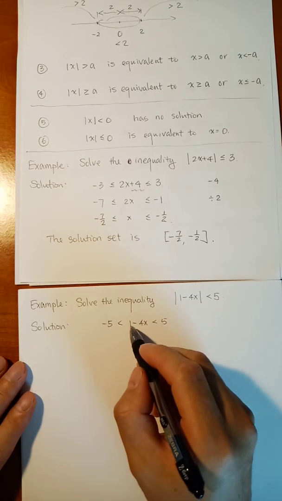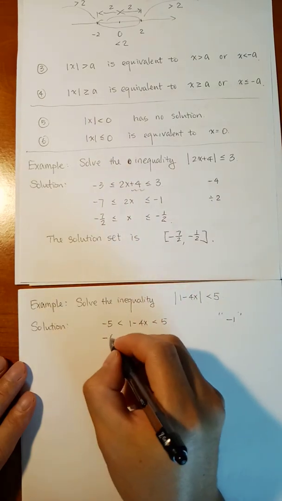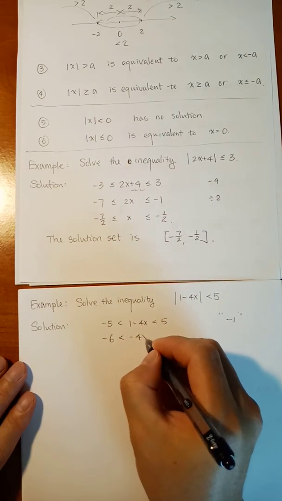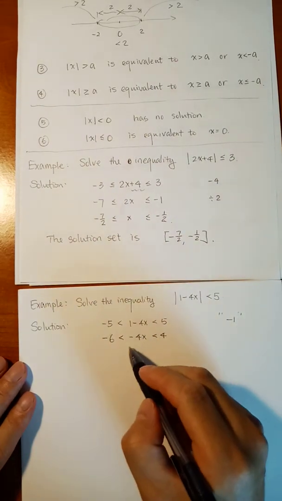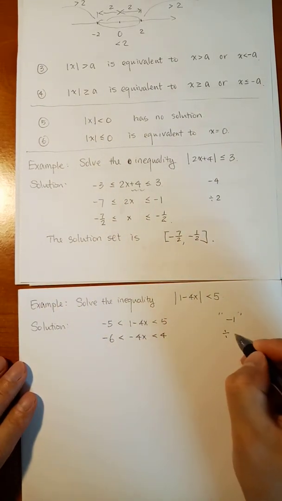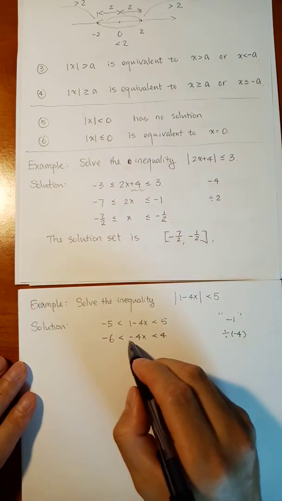How do we do that? We subtract 1 from all three parts: -6, -4x, 4. 1 minus 1 disappears. And then we're going to divide the inequality by -4, because here the coefficient is -4.